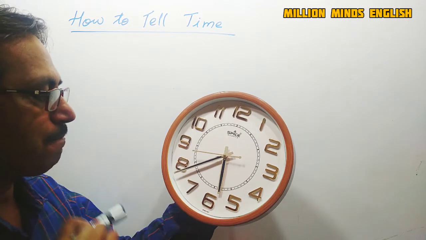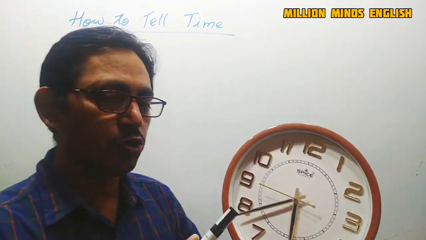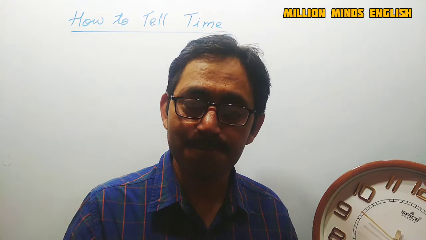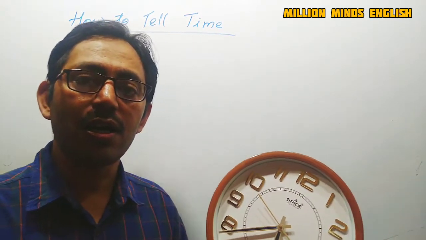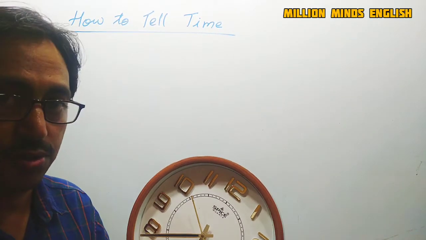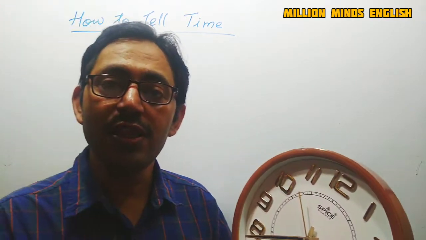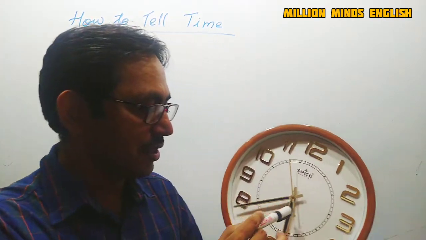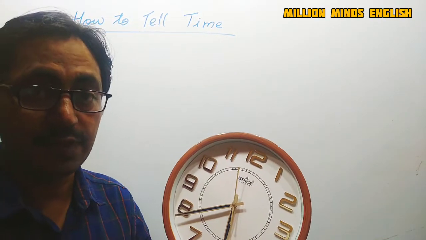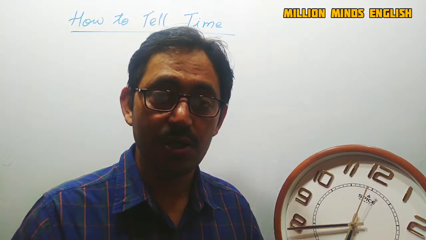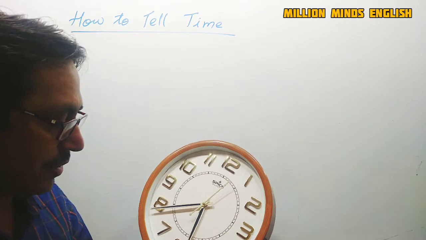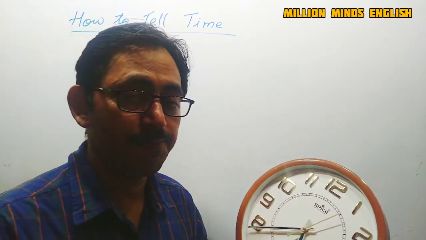These things which are used to show times are called hands in English. In Hindi we call these things सुई, घड़ी की सुइयां. So in English we call them hands or hand.